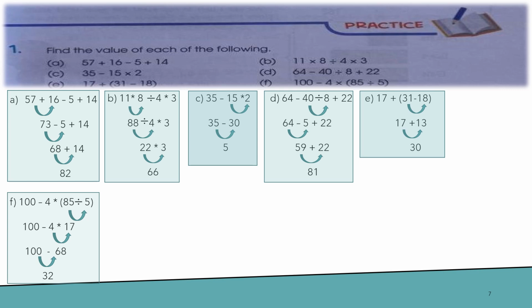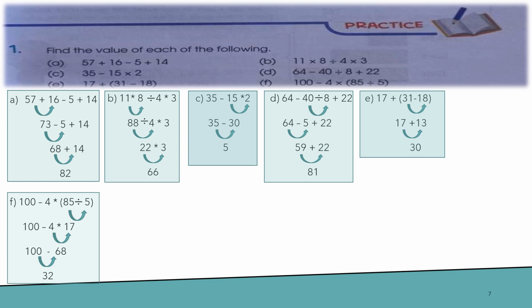For part F, we have 100 minus 4 multiplied by bracket open 85 divided by 5 bracket close. First, the expression in the bracket is going to be solved, and when we divide 85 by 5, we have 17.